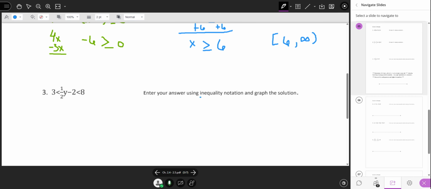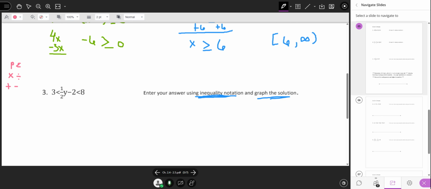Now, this one doesn't say interval. It says inequality notation. And it does say to graph it. So we have to do both. Now, instead of 2 pieces, we have 3. The first piece we have to get rid of, parentheses or exponents, multiply or divide, add or subtract.